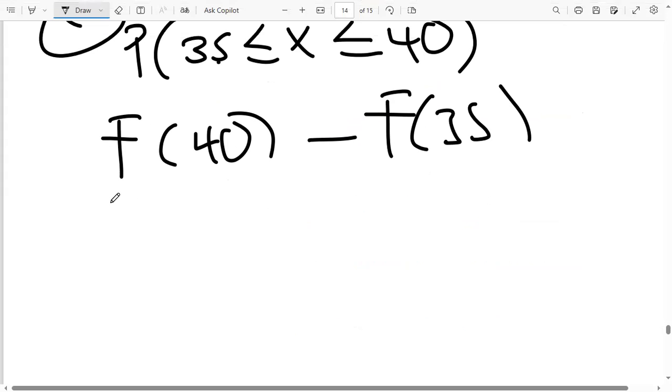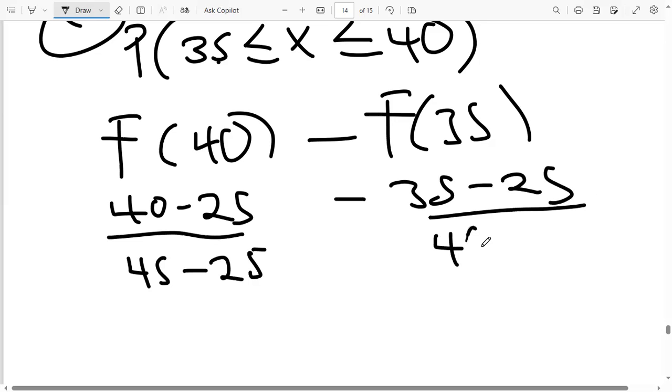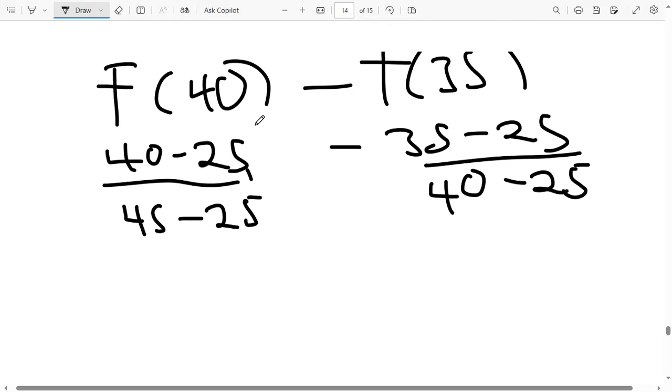Okay, but we know that this one here will just be 40 minus 25 over 45 minus 25, minus 35 minus 25 over 40 minus 25. Okay, let's find. So 40 minus 25, what is it going to give us?